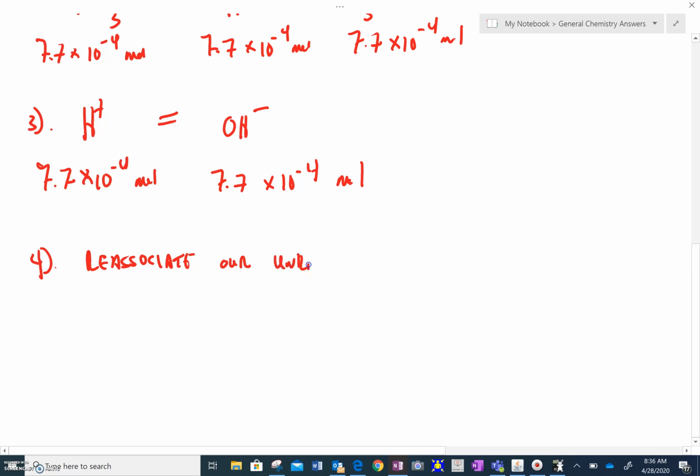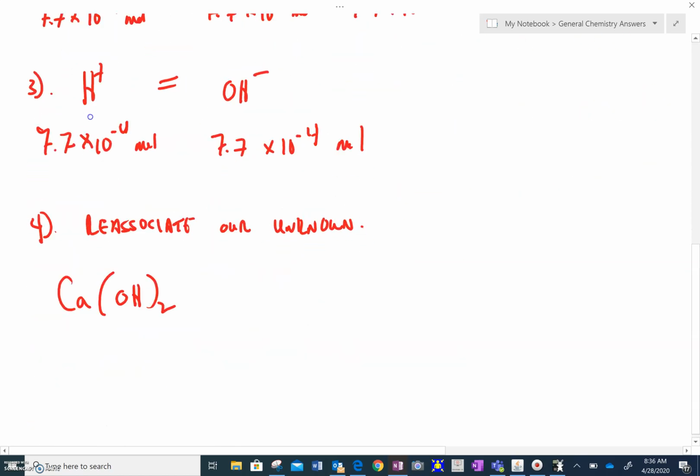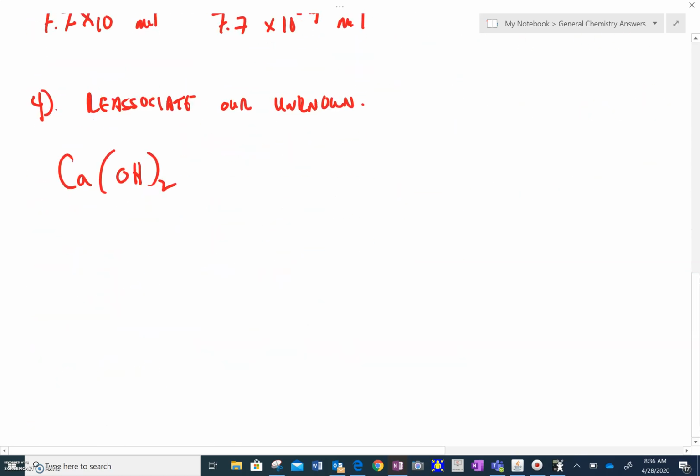our unknown. Okay? We know that we're dealing with something called calcium hydroxide, right? We know that calcium hydroxide dissociates into calcium and 2 hydroxides. That's what that little subscript tells us.